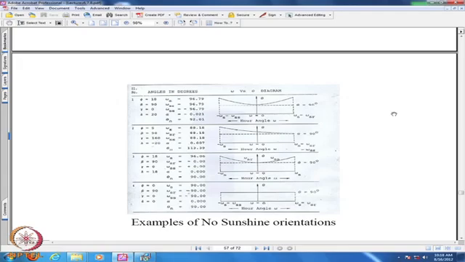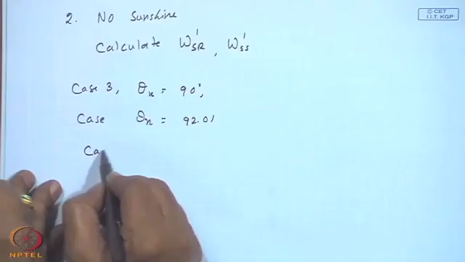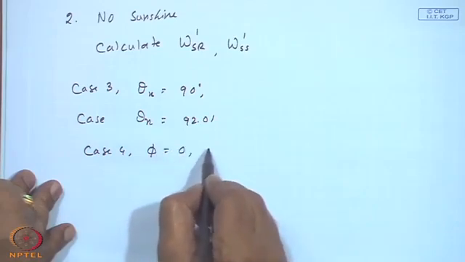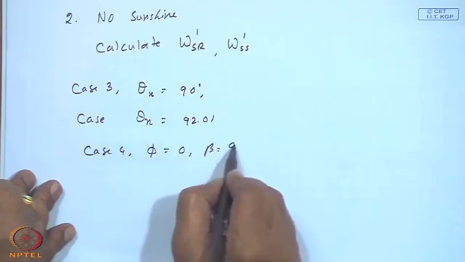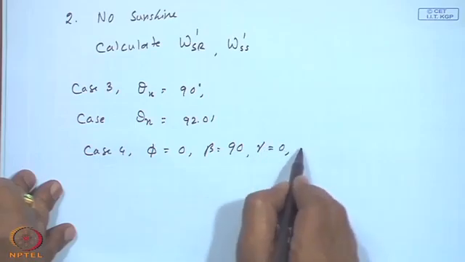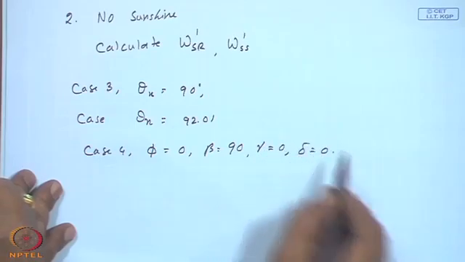And the last one is phi 0, beta 90, gamma 0 and delta 0, that is the equinoctial day. So, if you put it, you will get theta, case 4: phi 0, beta 90 and gamma equal to 0 and delta equal to 0.